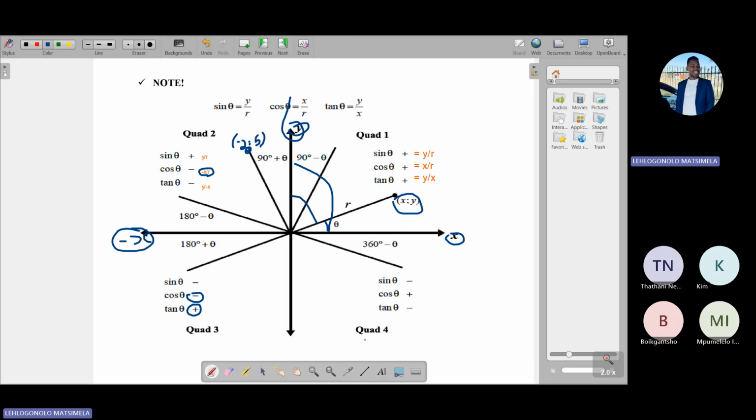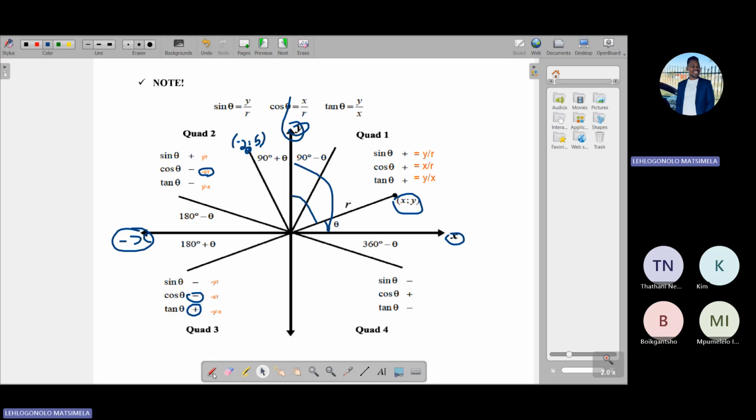It's positive because we are going to have negative y divided by negative x in this quadrant. For y, we have negative y divided by r, and for x, negative x divided by r also.